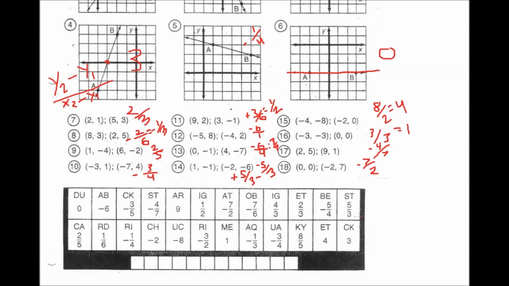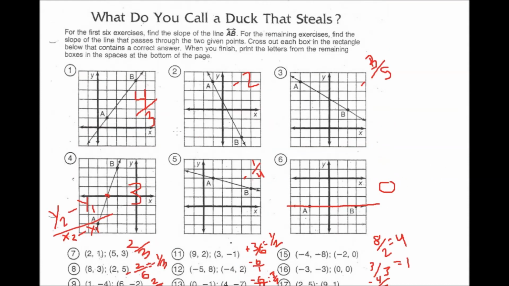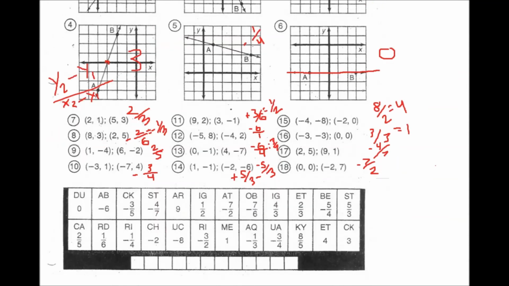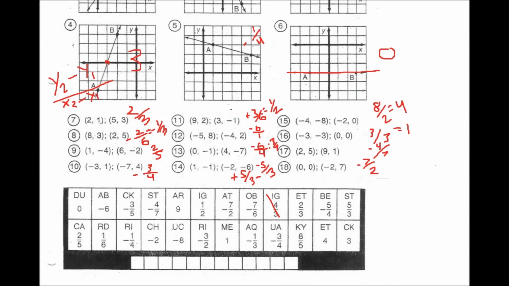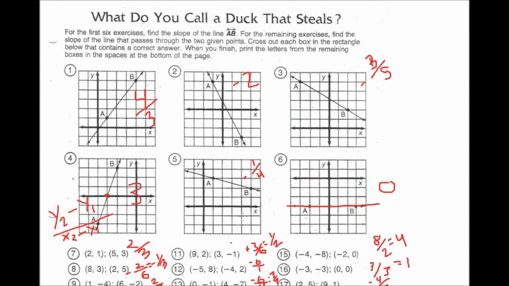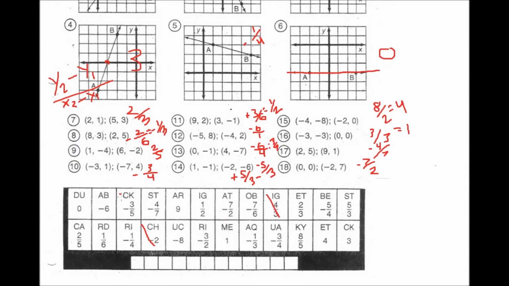Okay, so now that we have all the answers, let's go ahead and plug them all in here. So let's go back up top here. We got 4/3 and negative 2 and negative 3/5 here. So let's find 4/3 right there. This next one, negative 2 here. Negative 3/5 there.